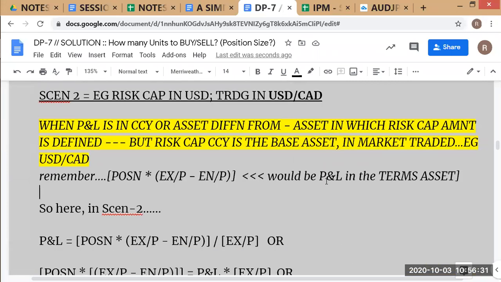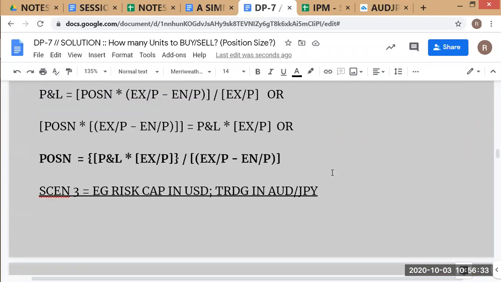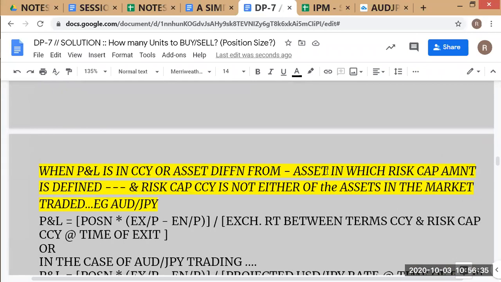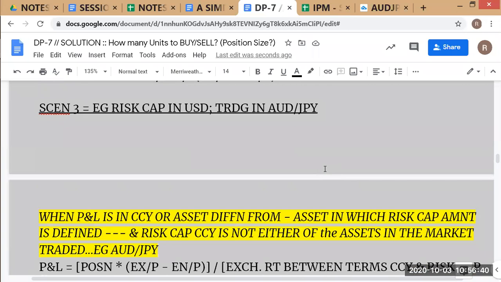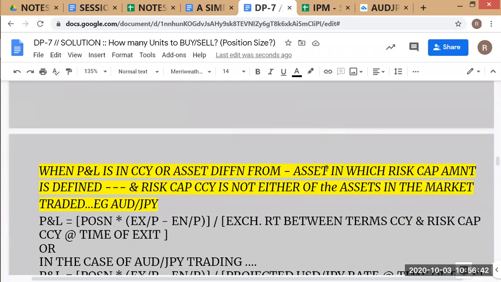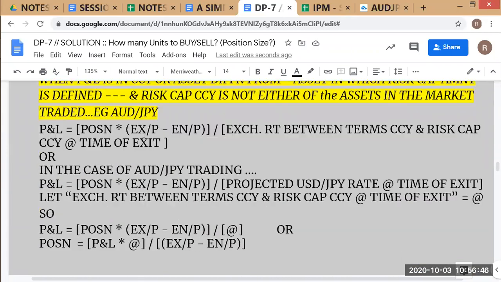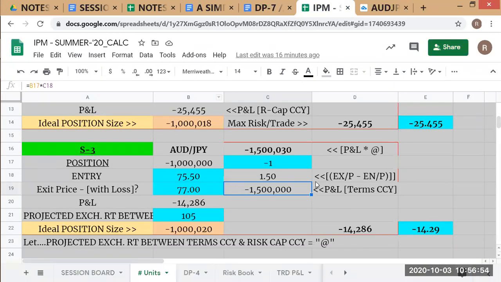So coming back here, scenario 3. Just remember what you have to do and then proceed stepwise to do it, otherwise you'll get confused. Everything is logical. The second part of the equation: I have to use a factor to convert the terms currency PNL into my risk capital currency PNL.